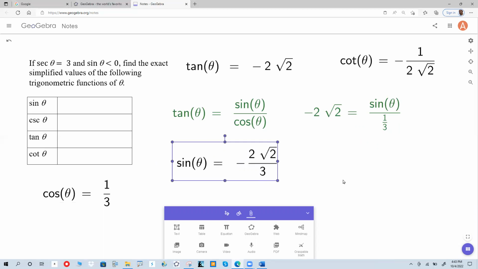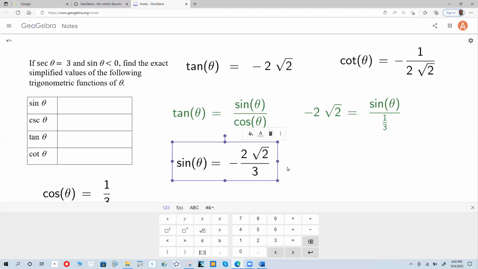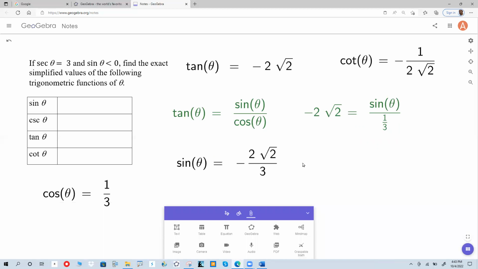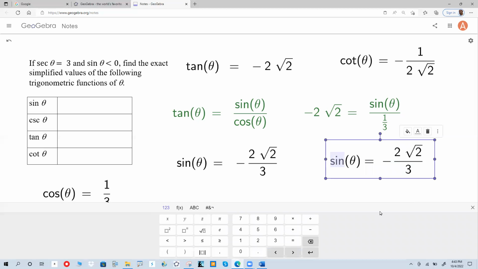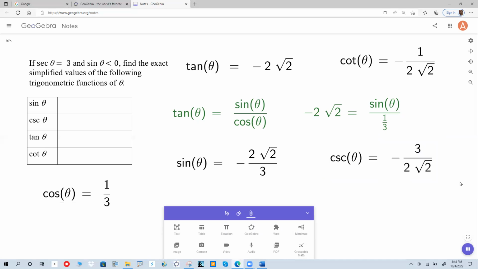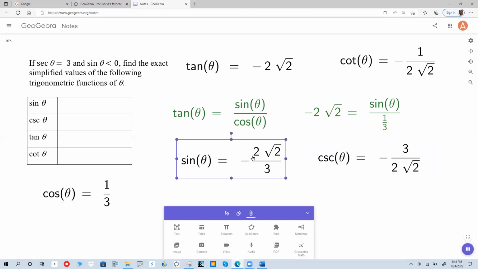Now, if I know sine theta, I can easily find the inverse of sine theta, which is cosecant theta. Easy. I just have to find the reciprocal. And that's going to be this. I'm done. I have all my answers.